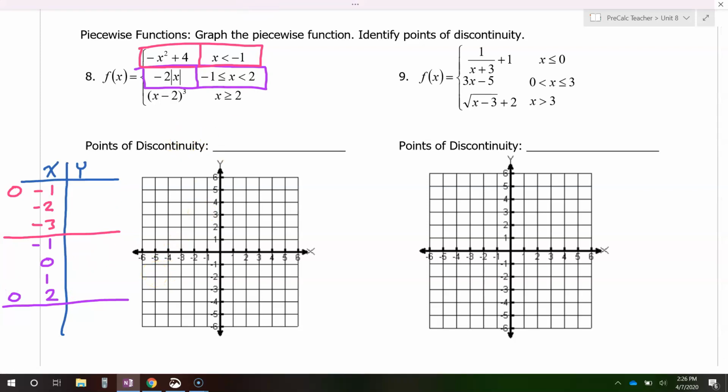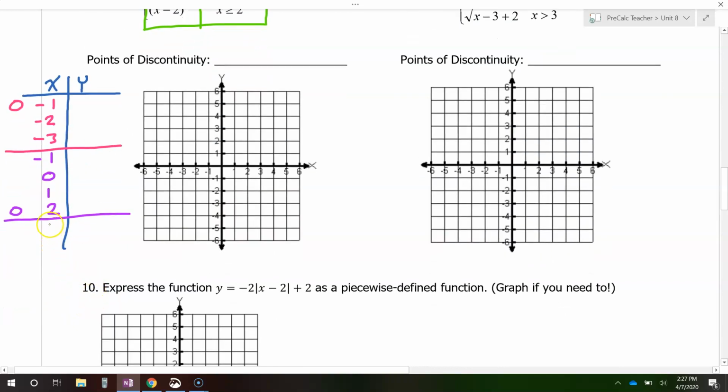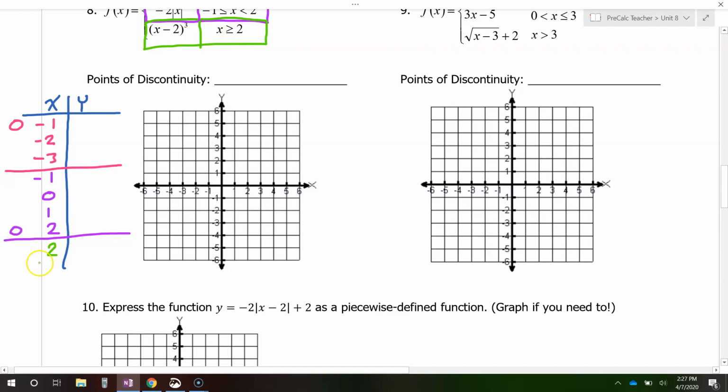Now for my third piece of the piecewise function, we'll do that one in green. And for the domain, I want x values greater than or equal to 2. Even though it says greater than or equal to 2, I'm definitely going to start with 2, which I would anyway because it does say equal to 2.